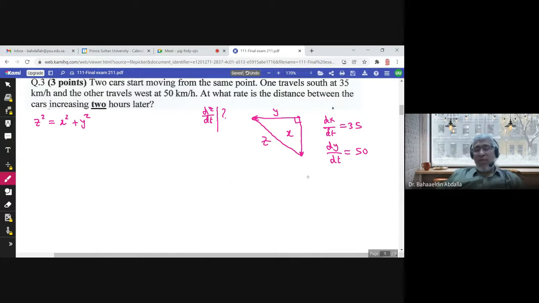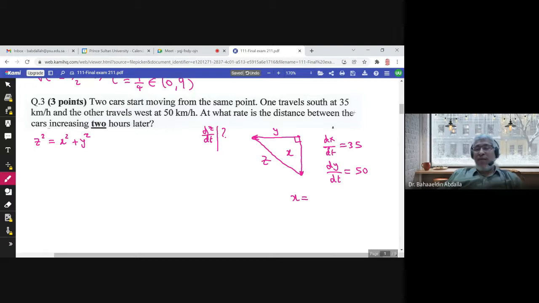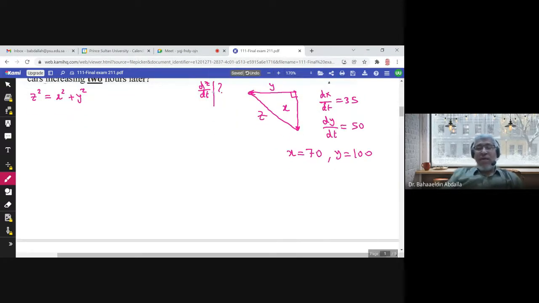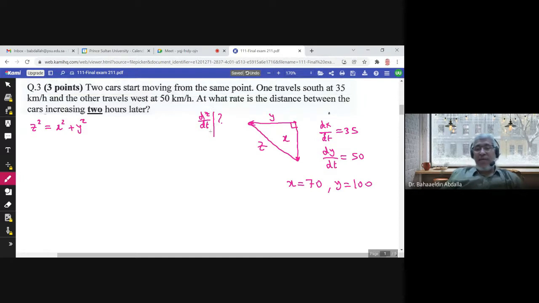Well, 2 hours later means x, the distance traveled by the first car after 2 hours, would be 35 times 2, so it would be 70, because the first car travels 35 kilometers per hour. And y, the distance traveled by the second car after 2 hours, would be 50 times 2, and that's 100. So he is asking about dz by dt when x is 70 and y is 100.